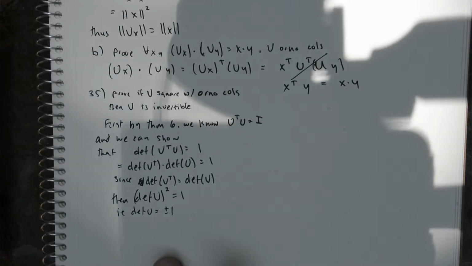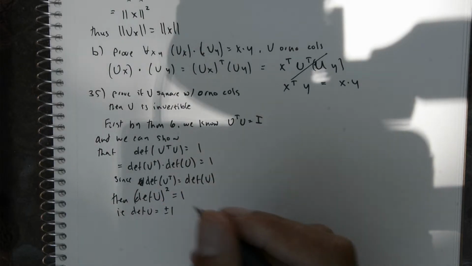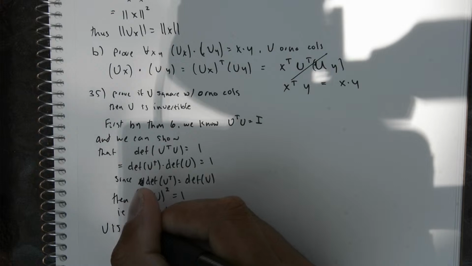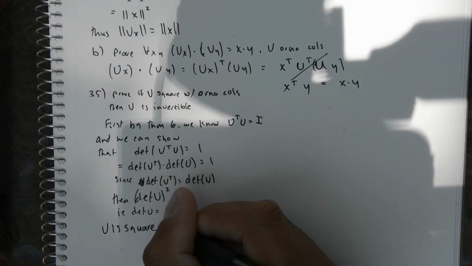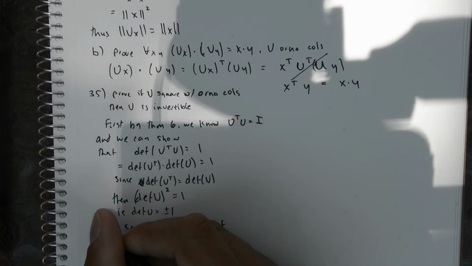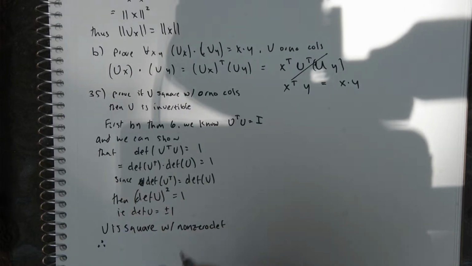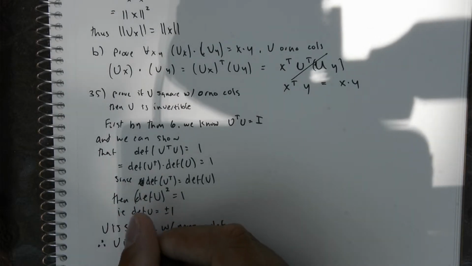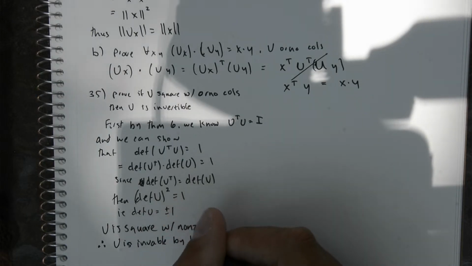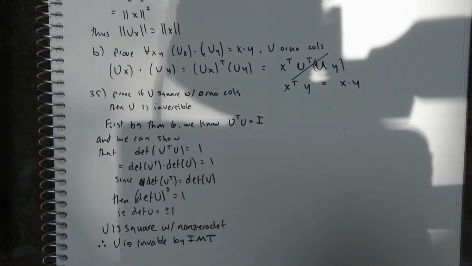So now that we know this, U is square with non-zero det. Therefore, U is invertible by the invertible matrix theorem.